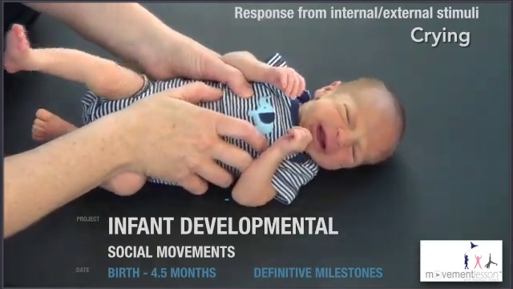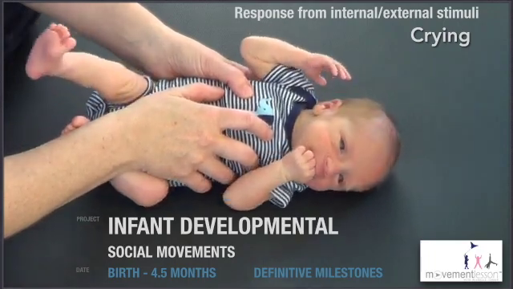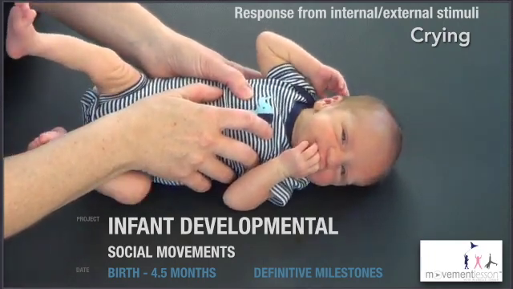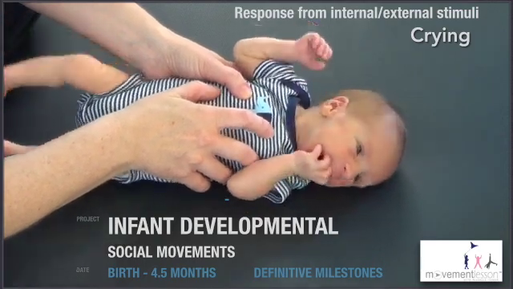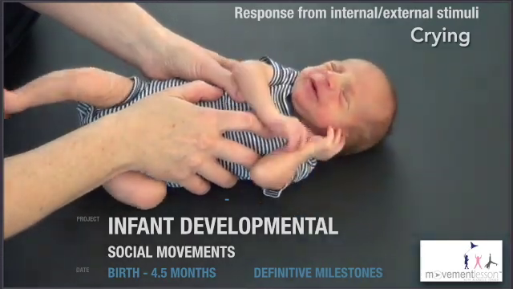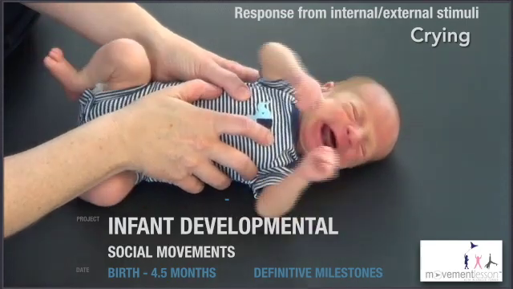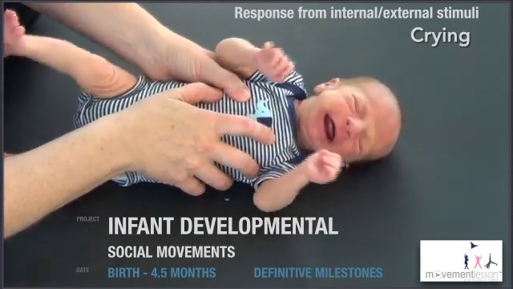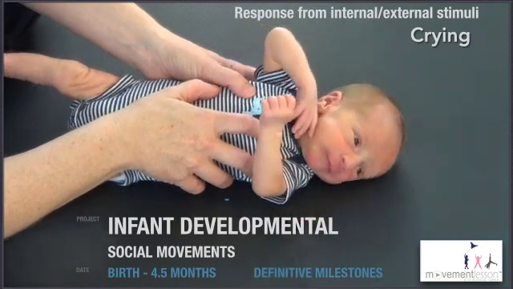Obviously, not putting them into a situation where any kind of therapy or stimuli is considered work or traumatic, but at the same time allowing that development of speech at this early age. And when children aren't crying and aren't cooing, that is, again, another big warning sign that they're not going into those different areas of development.